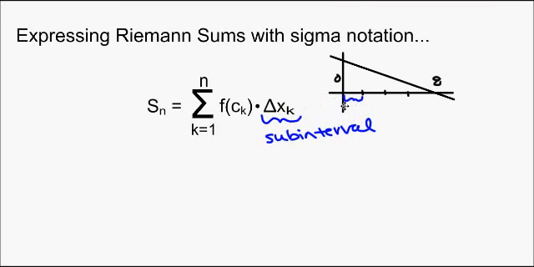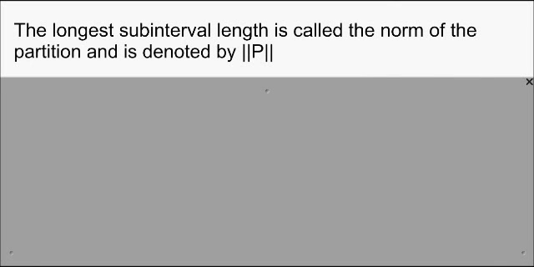Okay, so it's like the width of my rectangle that I'm looking at. The longest subinterval length is called the norm of the partition, and is denoted by this symbol here.